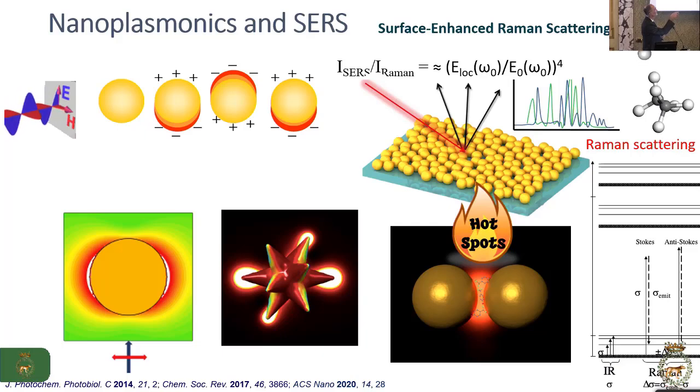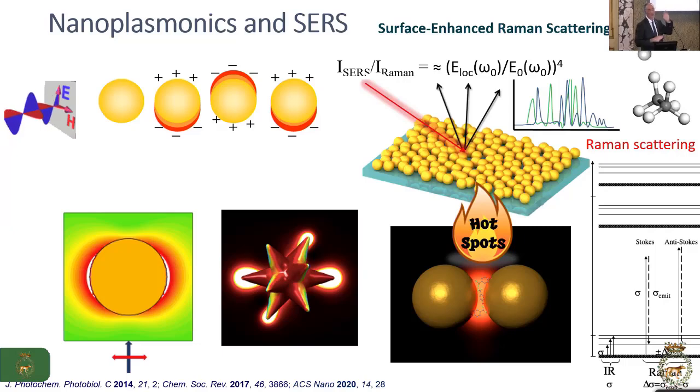So it's actually the intensity of the local electric field divided by the initial intensity to the 4th power. So if we are enhancing the electric field here by 100 times, we obtain 10 to the 8th increase in the Raman signal. So we are able to detect even one single molecule with precision and selectivity.